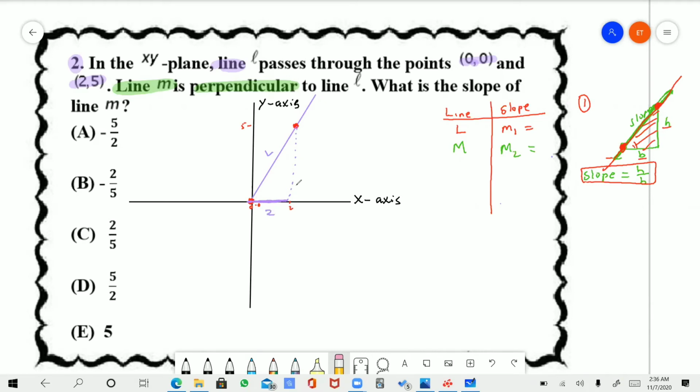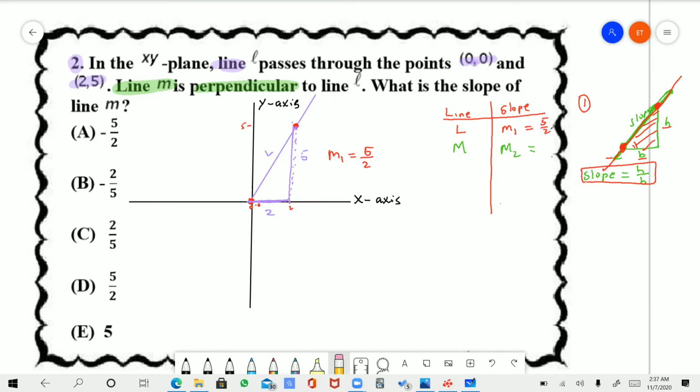And the height of this triangle will be what? From 0 to 5 will be 5. So from this triangle, we can tell the slope of line L, which is M1, equals the height over the base, which is 5/2. So now we know M1 is 5/2.